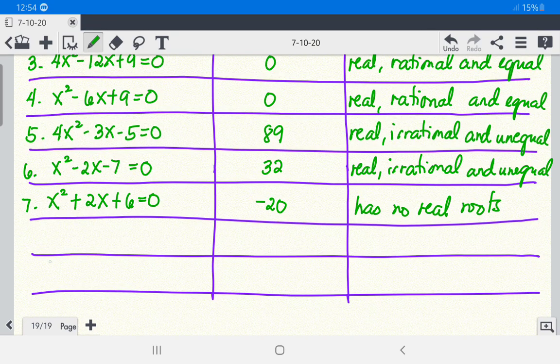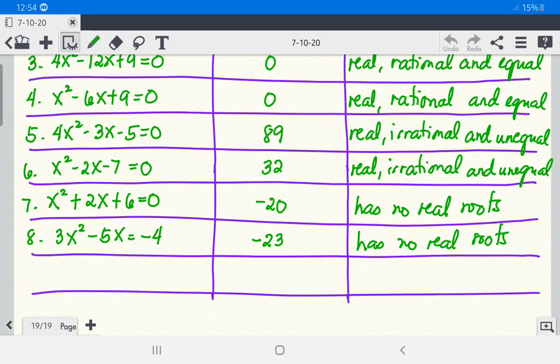Then, number 8, we have 3x squared minus 5x equals negative 4. Its discriminant is negative 23. Again, since it is negative or less than 0, it has no real solutions or roots. Okay? So, you have to remember that.